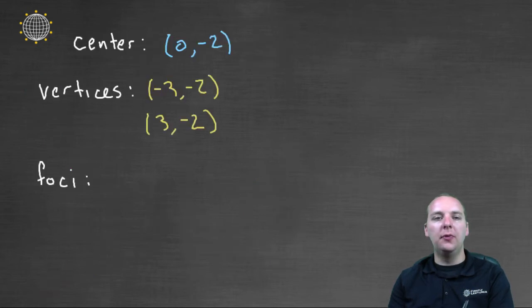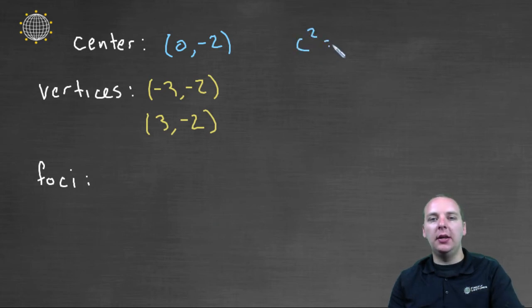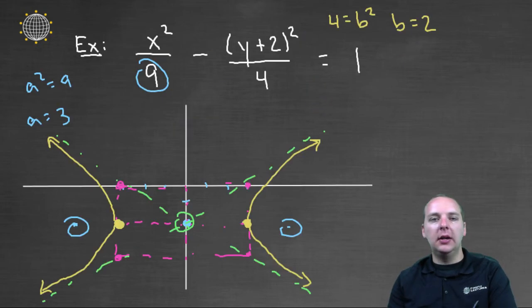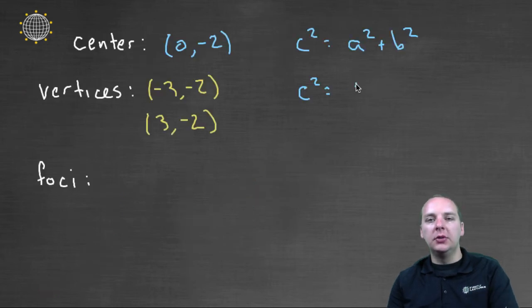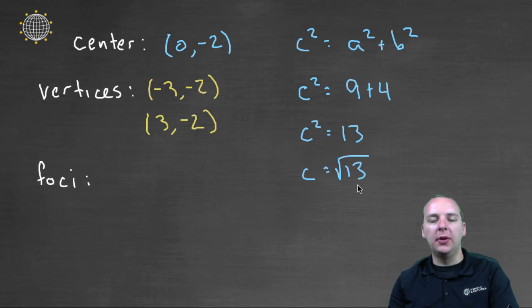Hopefully you remember the formula that relates a, b, and c together: c squared equals a squared plus b squared. So c squared equals 9 plus 4, which is 13. C squared equals 13, so c equals the square root of 13.